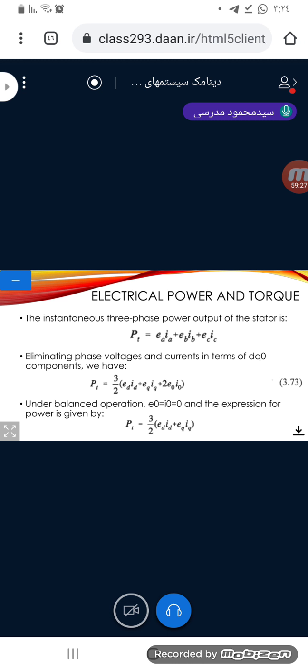Eliminating phase voltage and currents in terms of dq0 components, we have PT equal to 3 per 2 times ED ID plus EQ IQ plus 2 E0 I0. Under balanced operation, E0 is equal to I0 is equal to 0, and the expression for power is given by PT equal to 3 per 2 parenthesis ED ID plus EQ IQ.